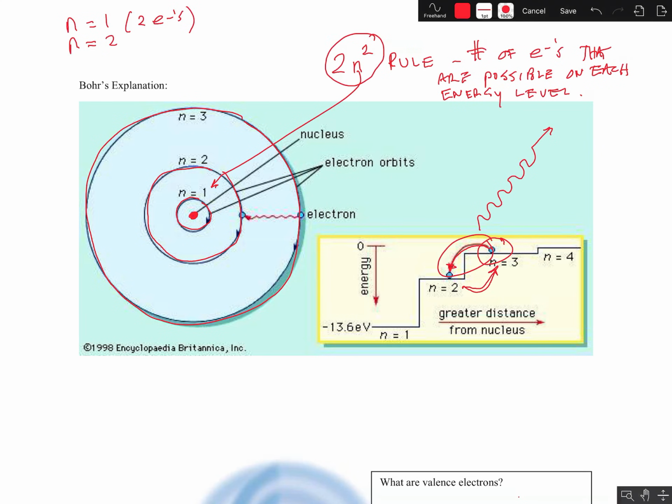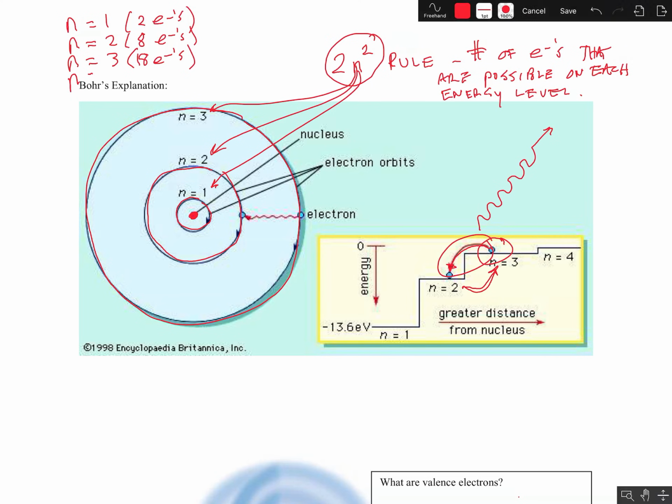Well, N is equal to 2 now, isn't it? 2 squared is 4 times 2 means 8 electrons on the second energy level. When N is equal to 3, 3 squared is 9 times 2 gives us up to 18 electrons can be held on the third energy level.